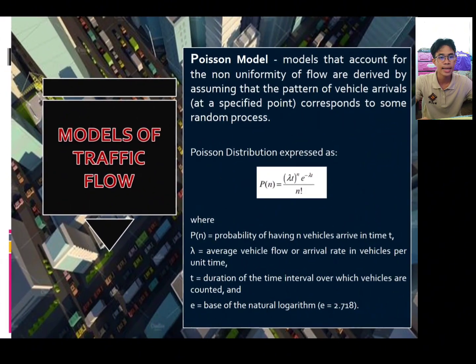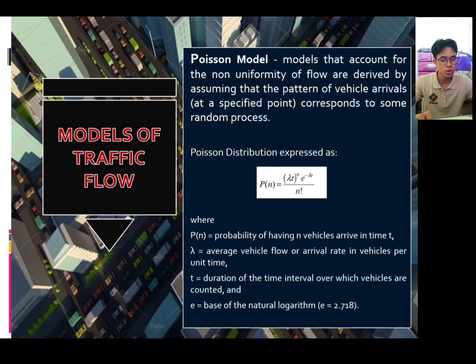So let's proceed to the models of traffic flow. Actually, there are two models of traffic flow, which are the Poisson model and the queuing model, but let's focus more on the Poisson model. Poisson models, which account for the non-uniformity of flow, are derived by assuming that the pattern of vehicle arrivals at a specified point corresponds to some random process. The problem then becomes one of selecting a probability distribution that is a reasonable representation of the observed traffic arrival pattern.